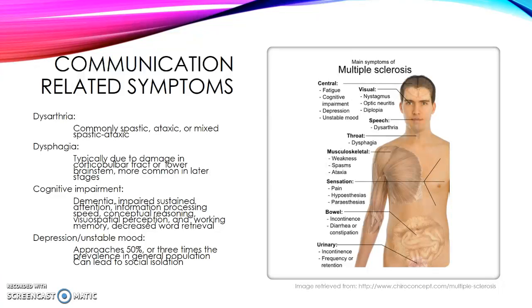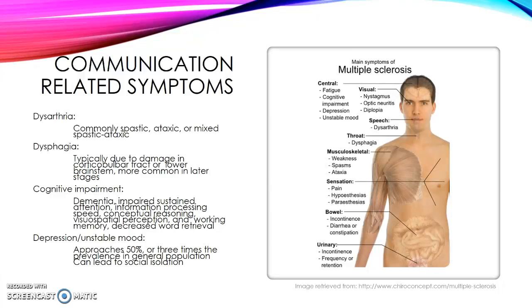There's cognitive impairment that may be present, such as dementia, impaired sustained attention, information processing speed, conceptual reasoning, visuospatial perception, and working memory, as well as decreased word retrieval skills. And finally, one symptom that may affect communication and lead to social isolation is depression or unstable mood. And this approaches 50% or 3 times the prevalence in the general population.